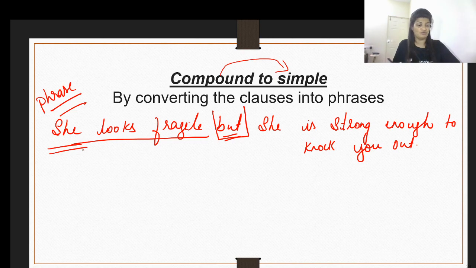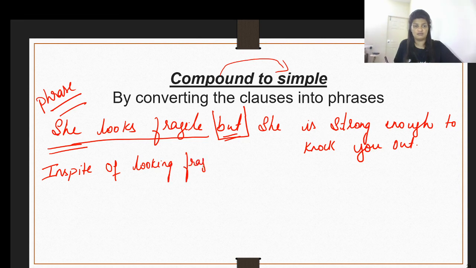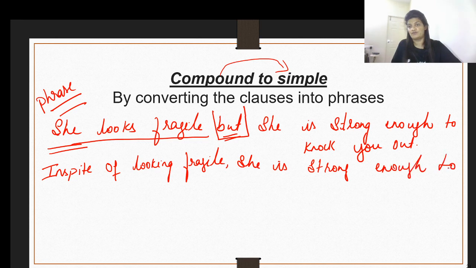You are going to convert that into a phrase by introducing a preposition, which is, in spite of looking fragile, she is strong enough to knock you out. In spite of looking fragile, she is strong enough to knock you out.